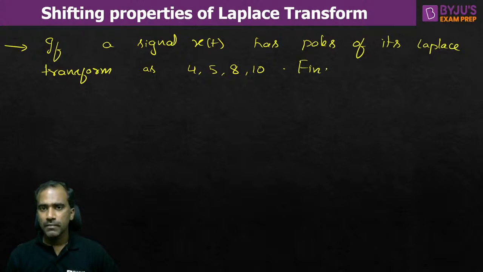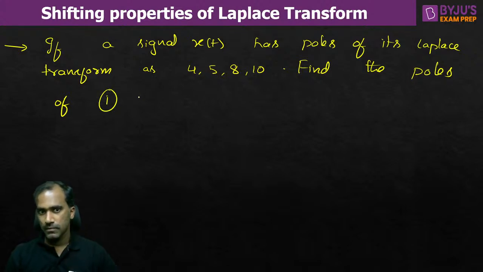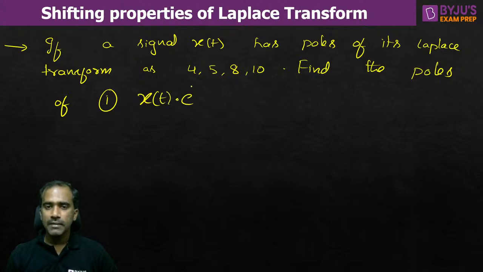Find the poles of: first question, x of t multiplied with e power minus 2t.